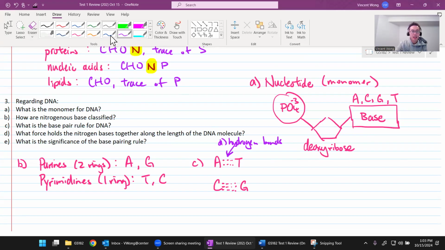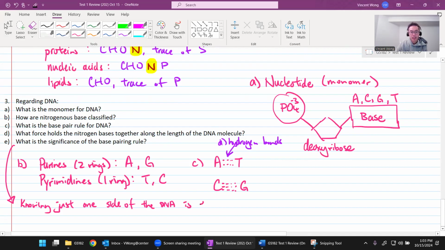What is the significance of the base pairing rule? The significance is that they are complementary. So knowing just one side of the DNA is enough to build the entire strand, the entire double helix.